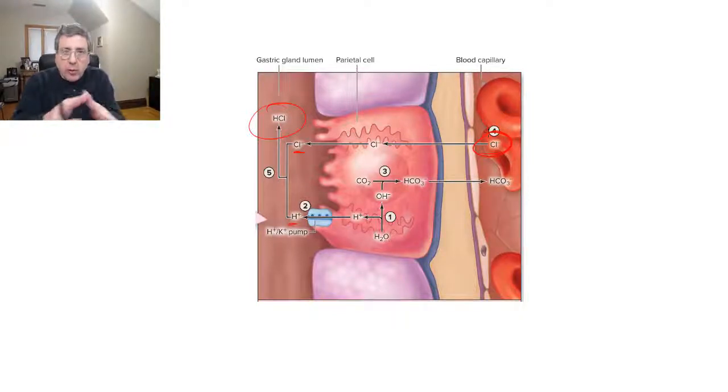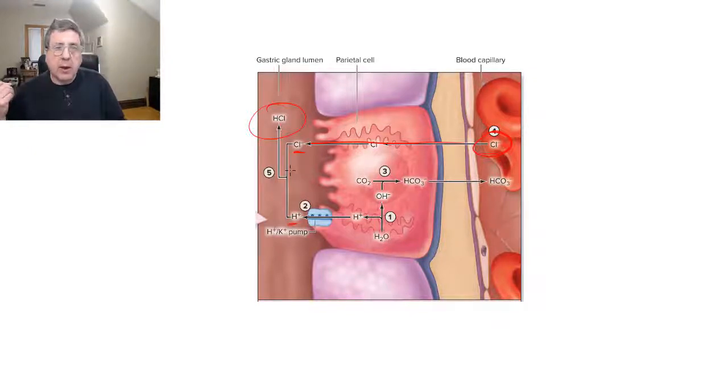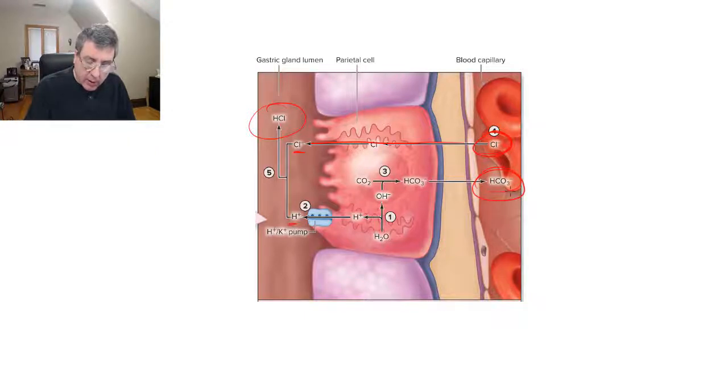So here's where the chloride comes from. It comes across the parietal cell and is secreted into the lumen of the stomach. So where does the hydrogen come from? Hydrogen, remember we talked about the bicarbonate.